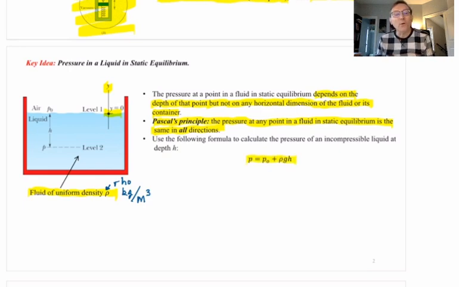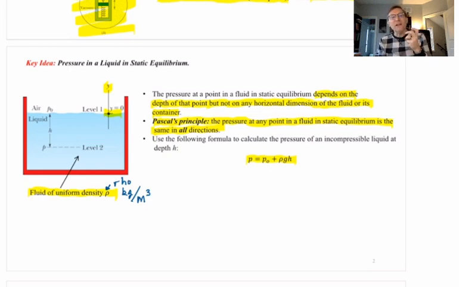The pressure at the lower level, level 2, P, is the pressure at the higher level, level 1, which in this picture is P0, plus more, because the pressure at the lower level is greater than the pressure at the upper level. That added part consists of the density of the fluid, rho, times our old friend, little g, gravitational field strength, 9.8 newton per kilogram, times the depth, h, of level 2 below level 1.